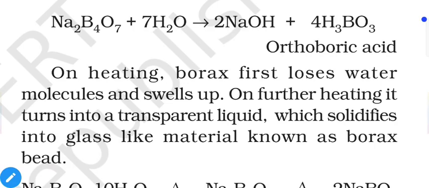Now this is a very important point because we will use this in our inorganic qualitative analysis practical. In the laboratory you will be given three different types of practicals: volumetric titration, inorganic qualitative analysis, and organic qualitative analysis. In volumetric titration, the compound will be known and you have to find the concentration of the given compound.